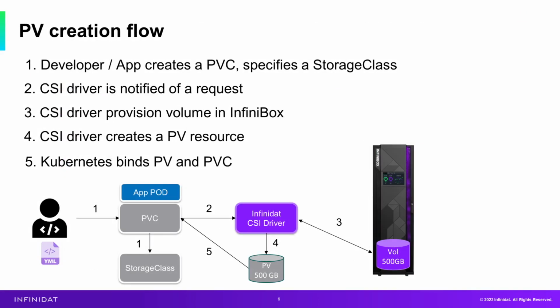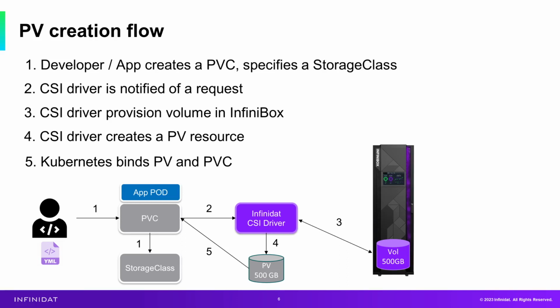And here I want to give you an explanation of how the PV creation flow works behind the scenes when you're running a CSI driver. On the left, you can see a developer, or maybe an application, that needs to create a PVC, a persistent volume claim. Then you need to specify a storage class, which holds all the storage properties.